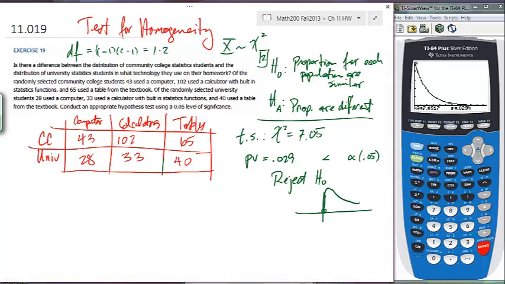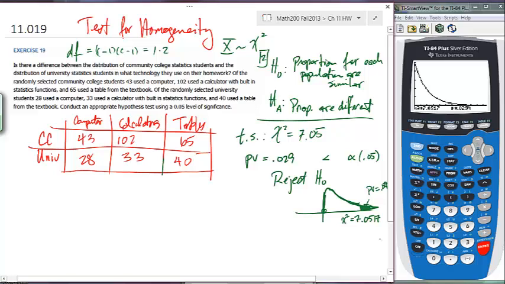So it looks like it really is coming from the axis over there. And furthermore, our p-value is so small that you really can't see the shaded region, but there is a shaded region in there somewhere. And this is your 7.0517 value, and your p-value is a shaded region, which is 0.029 small.